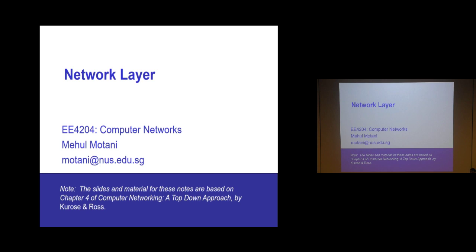The link layer has made all the links reliable, the physical layer has created a link. So now we have a set of reliable links all through the network, and the network layer stitches together a bunch of reliable links to connect source to destination.